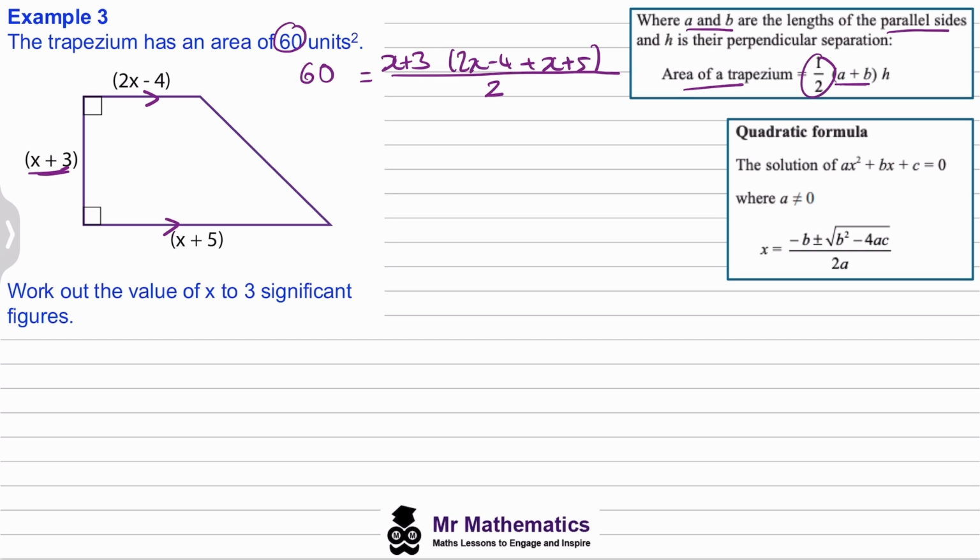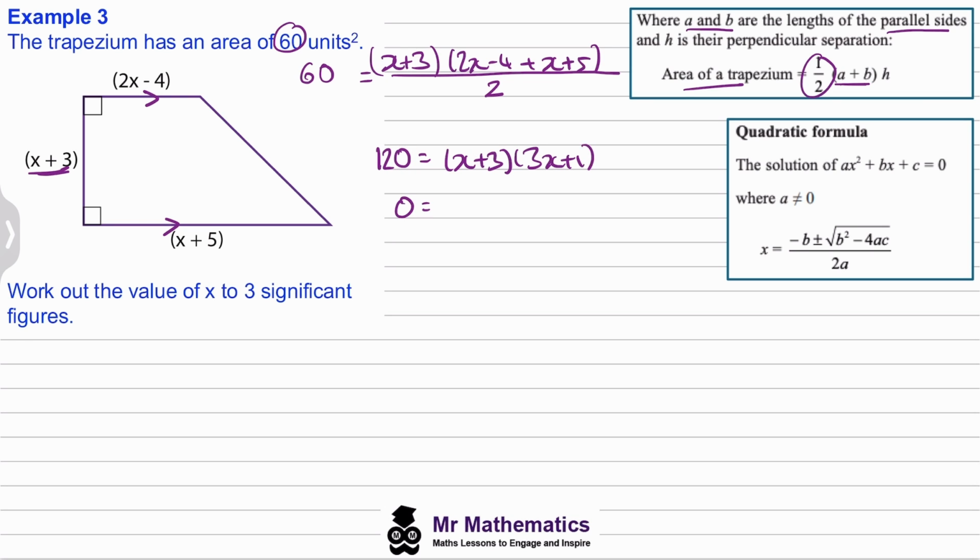The first thing that we can do here is move this division by 2 to the other side. So we've got 60 times 2, so 120. This will be x plus 3, and we'll simplify this bracket, so we've got 3x plus 1. We'll expand out these brackets, and we'll move the 120 to the other side.